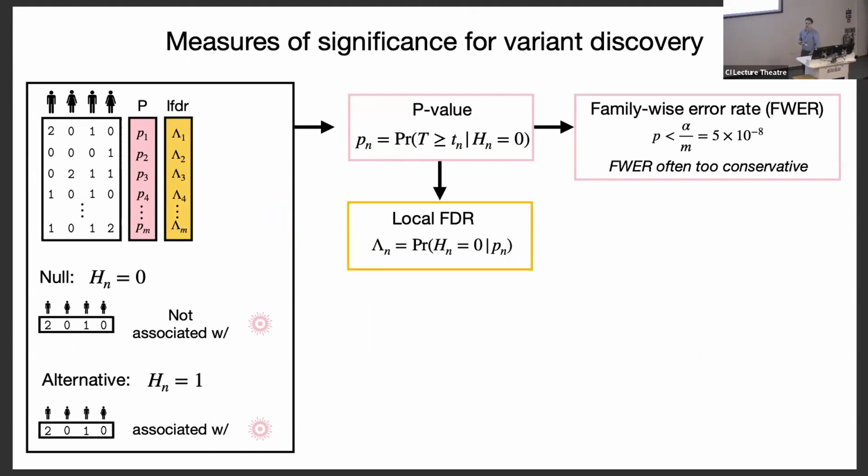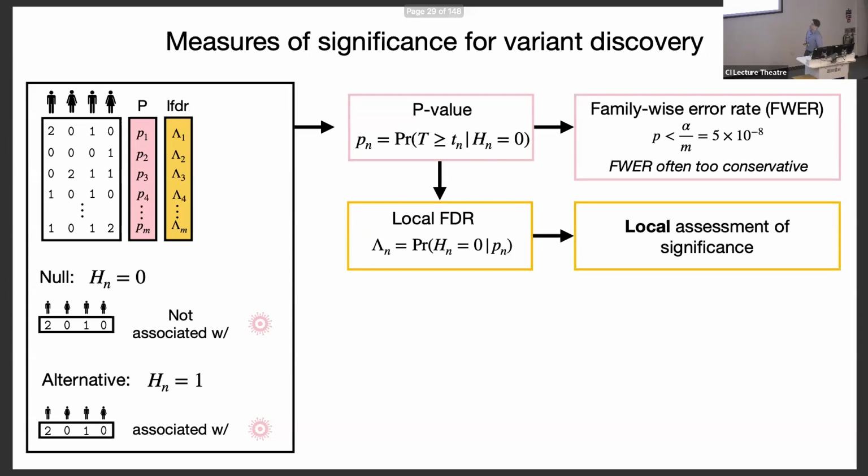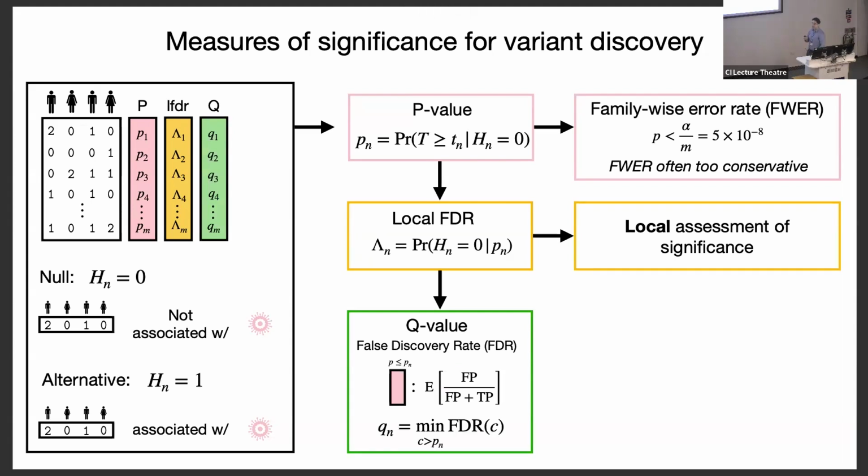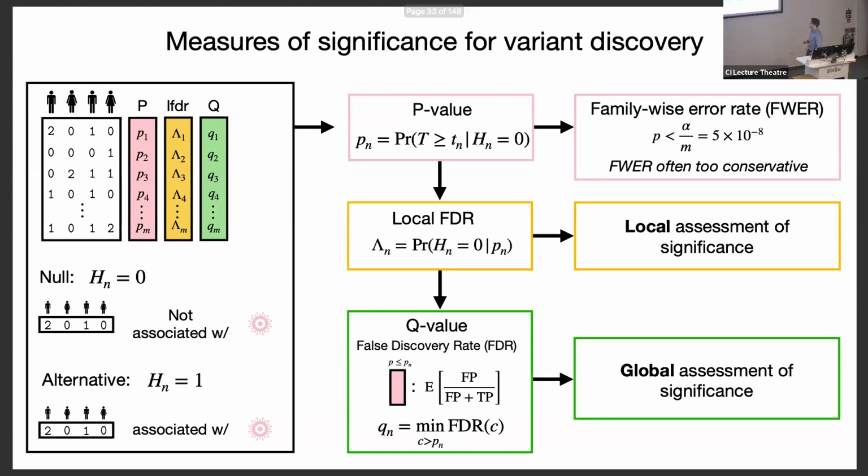One is the local FDR, which is just the Bayesian classification error rate. It's the probability of the null given the data, and it's viewed as a local assessment of significance. The other measure is the Q-value. The Q-value controls the false discovery rate, the expected proportion of false discoveries, and it's the minimum false discovery rate or positive false discovery rate incurred when calling a set of tests significant. This is a global measure of significance, and it's commonly used in genomics.